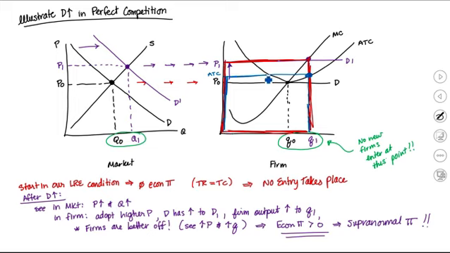So does everyone agree that that blue box is our cost box? So can I find my economic profits, my supernormal profits? Everyone agree our supernormal profits is going to be this rectangle right in here. So the firm is making supernormal profits.